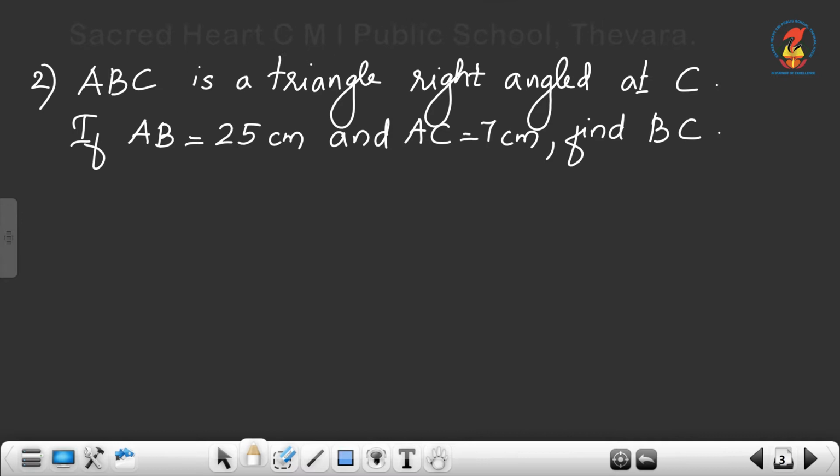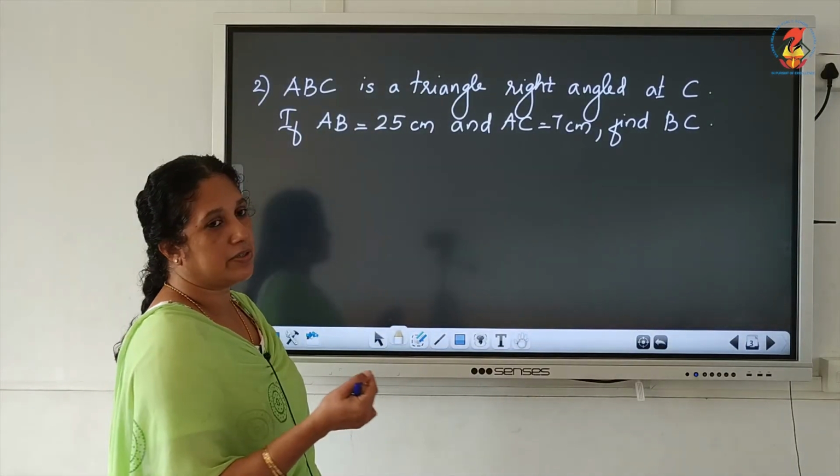Next question. ABC is a triangle right angled at C. If AB equal to 25 centimeter and AC equal to 7 centimeter, find BC. So, here also we can draw a rough figure.